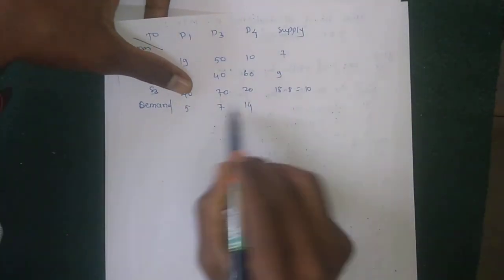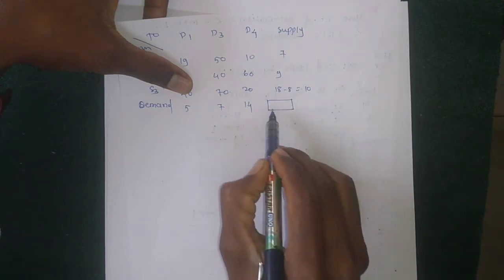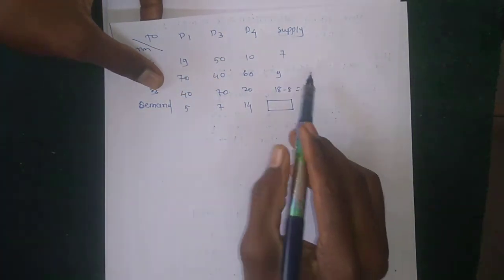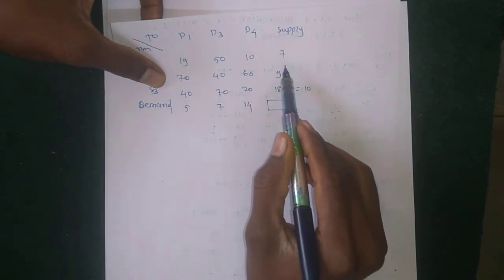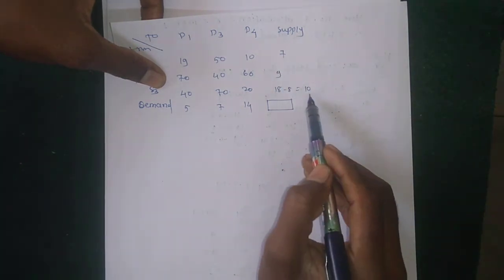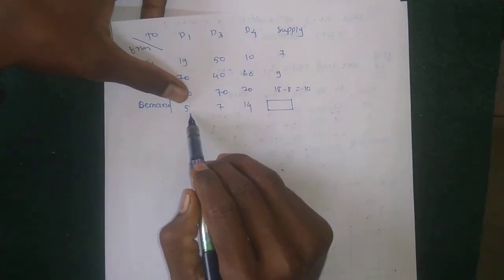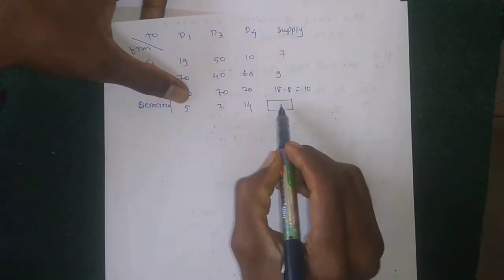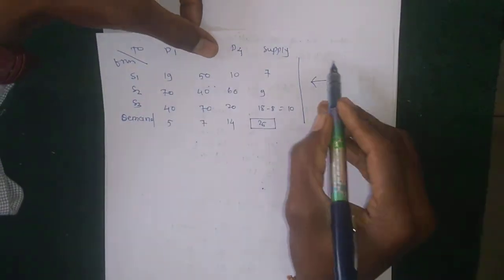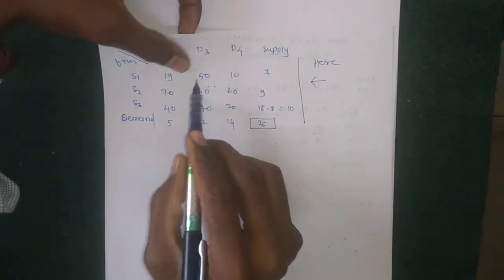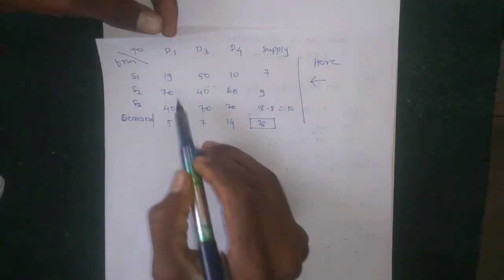Okay, so here the total supply is equal to the total demand: 10 plus 9 plus 7 is 26, and 12 plus 14 is 26. Okay, so again for this, select the smallest element.